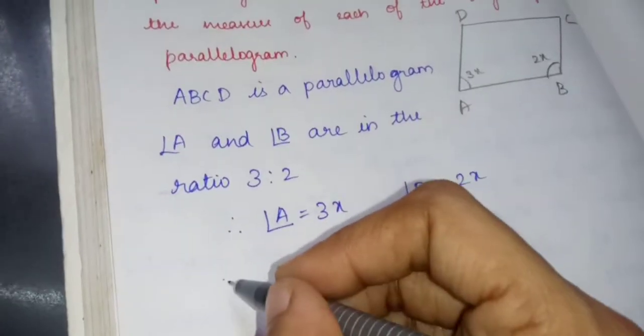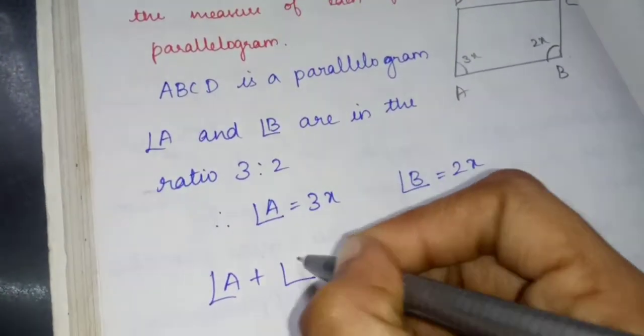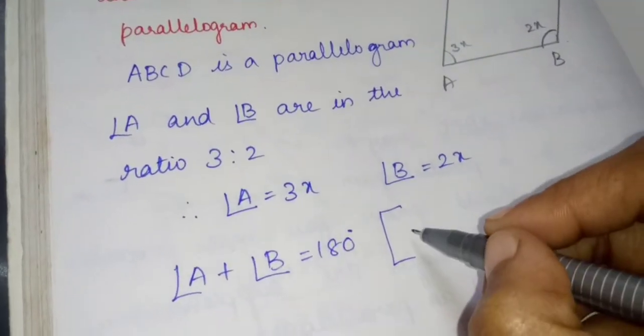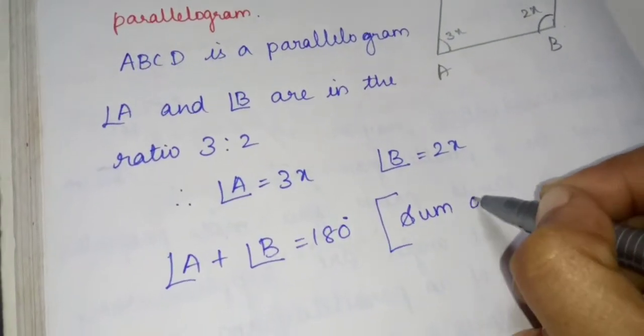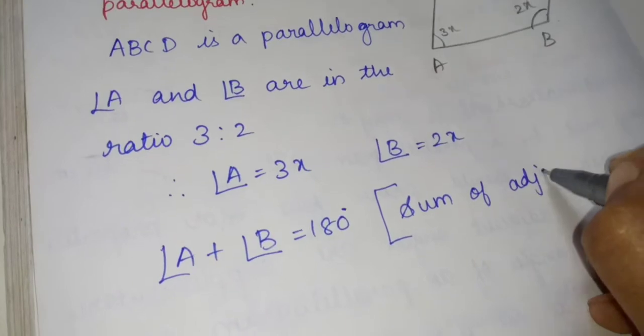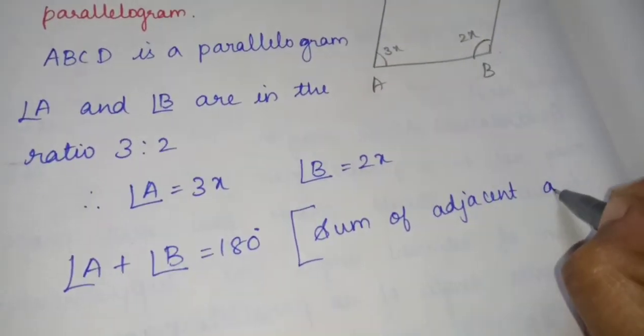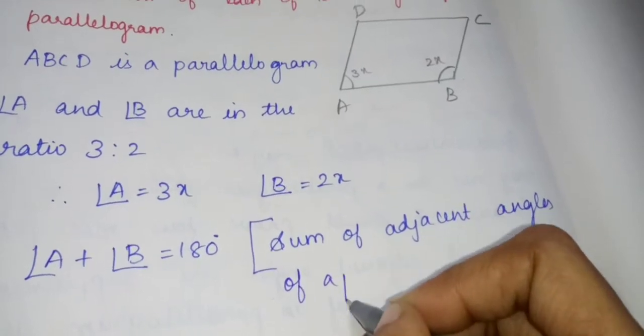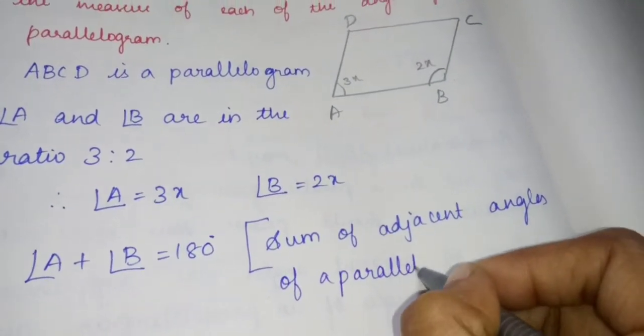Now, when I add these two adjacent angles, it is 180 degrees, because sum of adjacent angles of a parallelogram are supplementary.